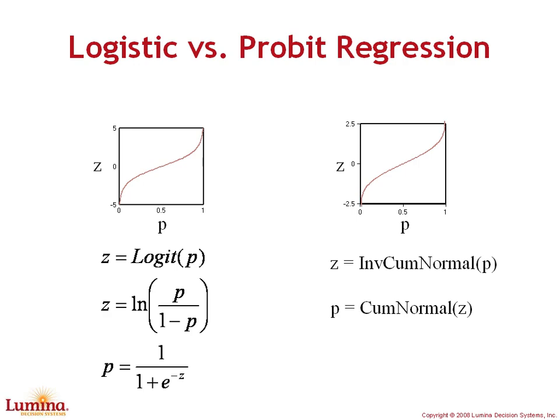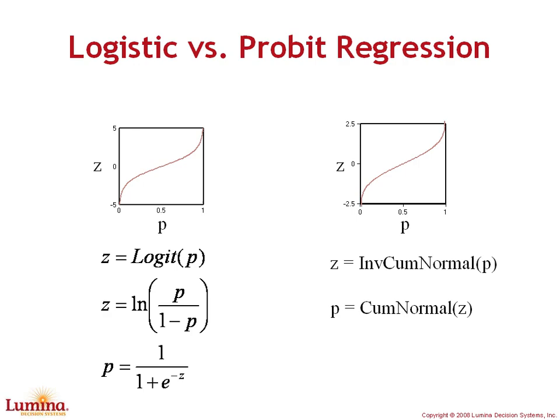Another function that has that shape is the inverse cumulative normal, or the inverse CDF of a normal distribution. Actually, the inverse CDF of any real value distribution has that shape. The normal is just one choice we could use.